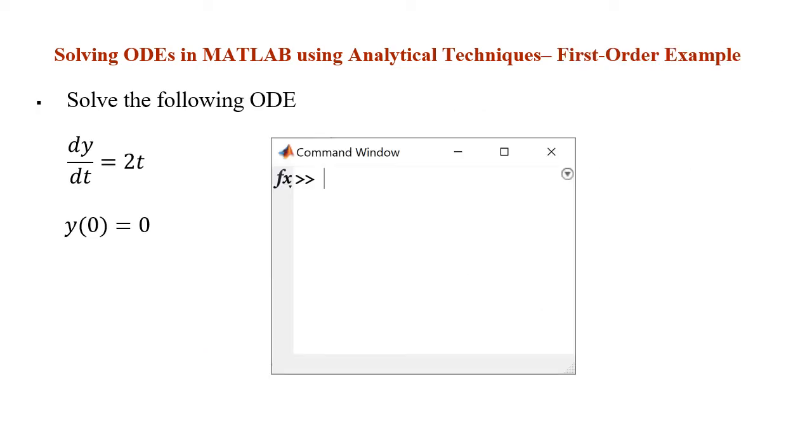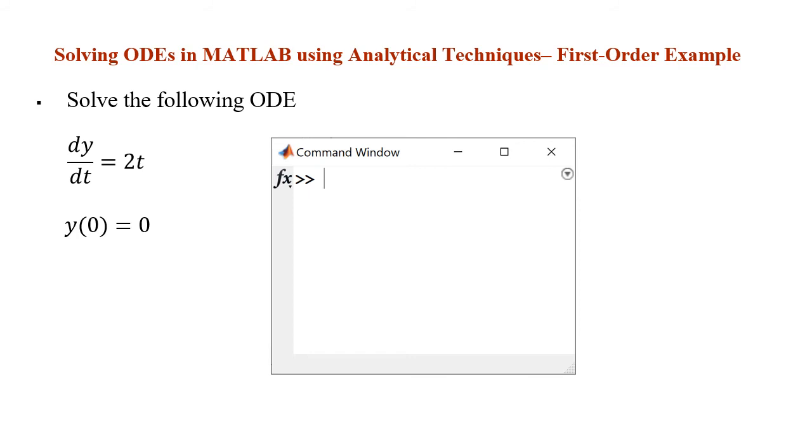Now we're going to do an example of a first-order differential equation using analytical techniques in MATLAB. We'll do the same example we did earlier using numerical techniques, but this time with the function dsolve so that we can obtain the analytical solution. We're given that dy/dt is equal to 2t, and the initial condition y(0) is equal to 0.